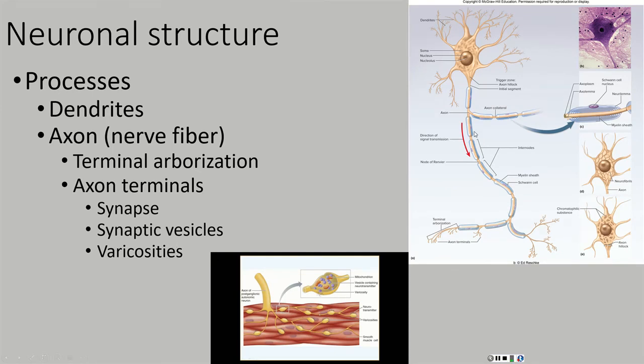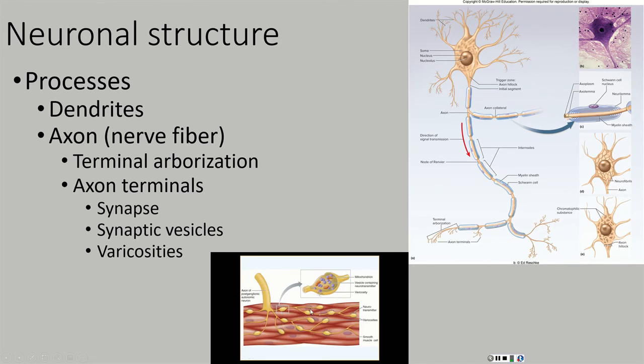Now, this is how the neurons are structured in most of the nervous system. But in the autonomic nervous system, the sympathetic and the parasympathetic, at the end of the neuron, instead of having these axon terminals, we have something called varicosities.